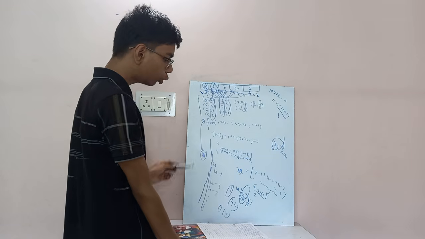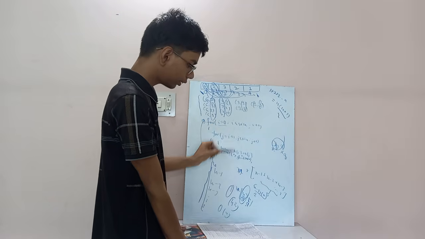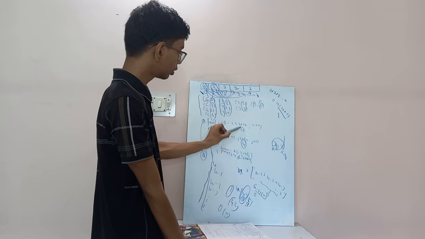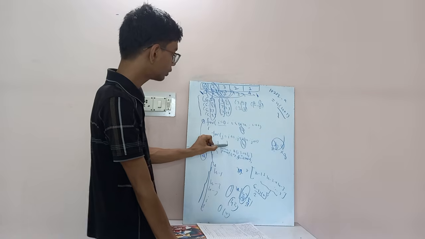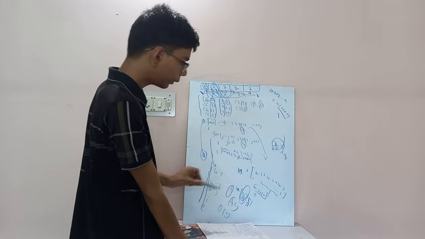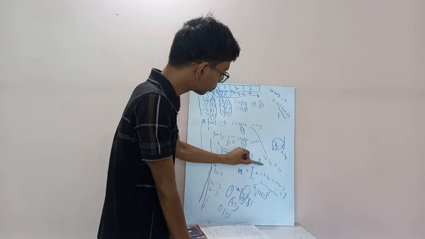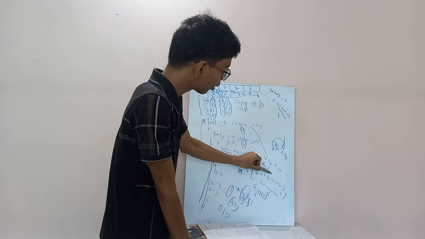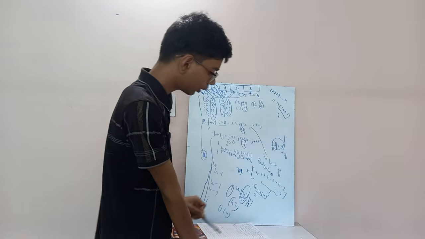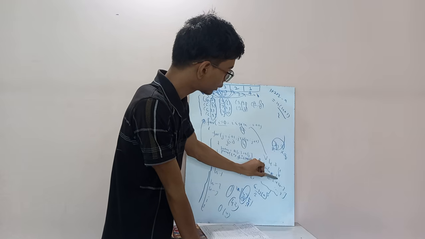But if my loop was from 0 less than n and again less than n, right? Here j from 0, then it will be simply n into n, that is the outer loop, the number of times the outer loop runs, and for the inner loop, the number of times the inner loop runs.